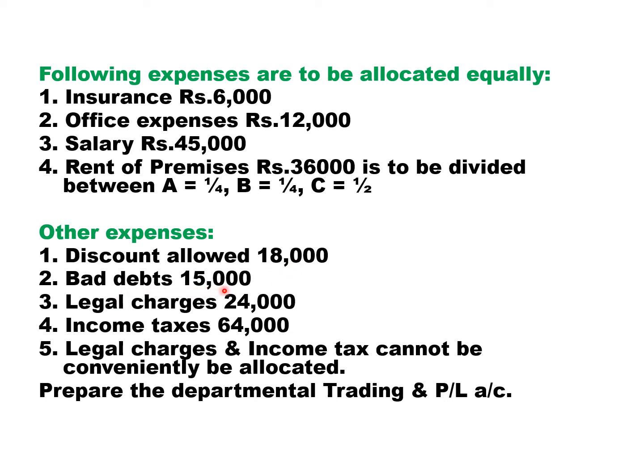Bad debts 15,000 to be distributed in sales ratio. Legal charges and income tax to be taken to general PL account as given in adjustment number 5. Legal charges and income tax cannot be conveniently allocated, so you take it to general PL account. Prepare departmental trading and PL account.